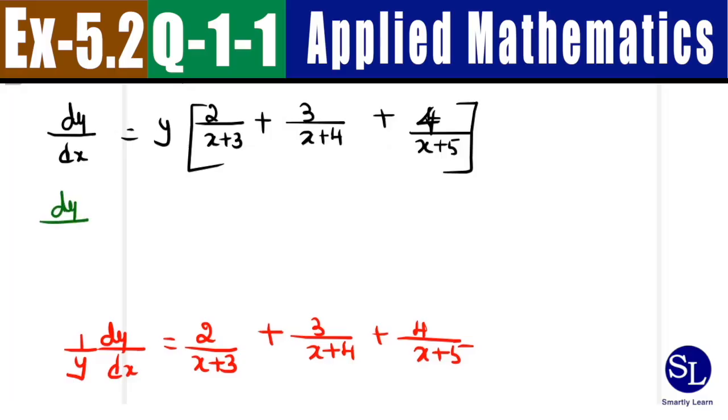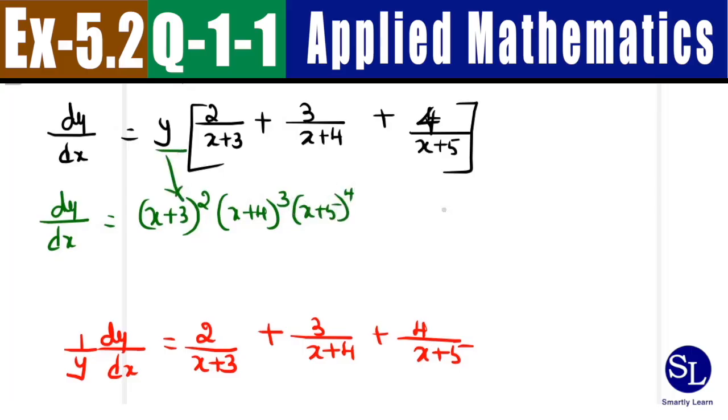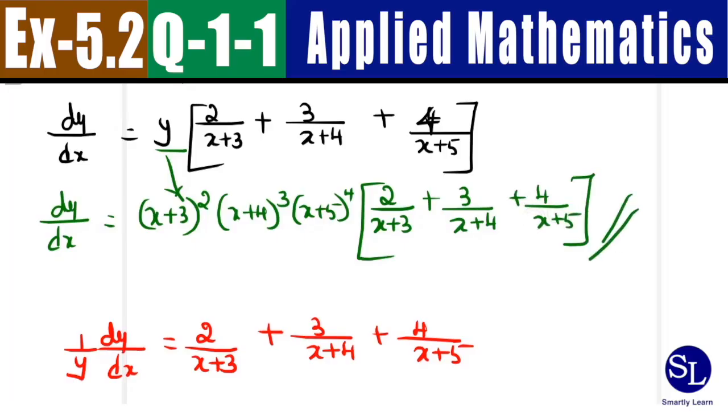So the final answer is dy by dx is equal to (x plus 3) the whole squared into (x plus 4) the whole cube into (x plus 5) the whole power 4, which is nothing but the replacement for y, into this particular expression as such. So 2 divided by x plus 3 plus 3 divided by x plus 4 plus 4 divided by x plus 5. So this is the final answer.